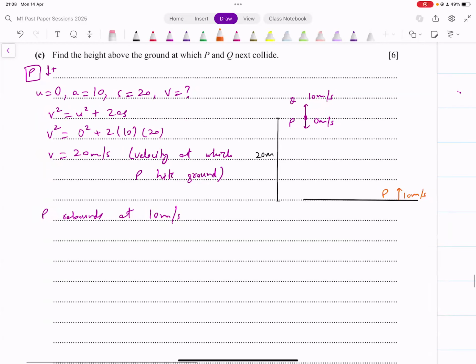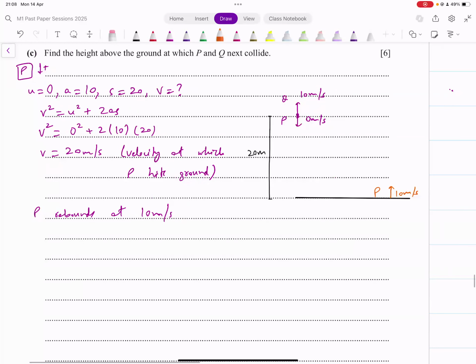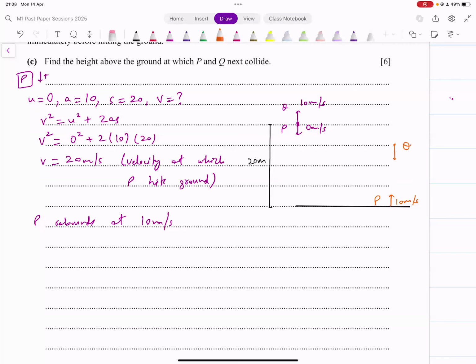Okay. Remember, Q's height is not going to be 20 meters. It was going downwards as well, right?